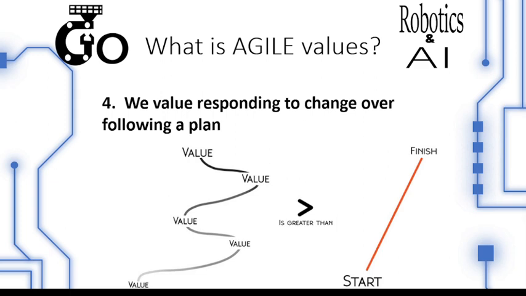What will happen during the first sprint? There will be a lot of things going on. So depending on that situation, they will modify the plan, and after they modify it, they will continue to the next sprint.